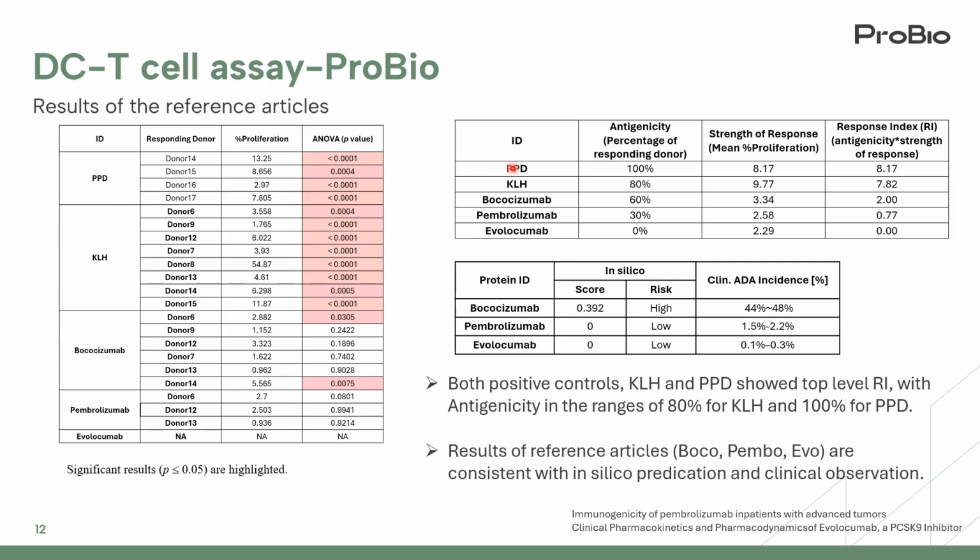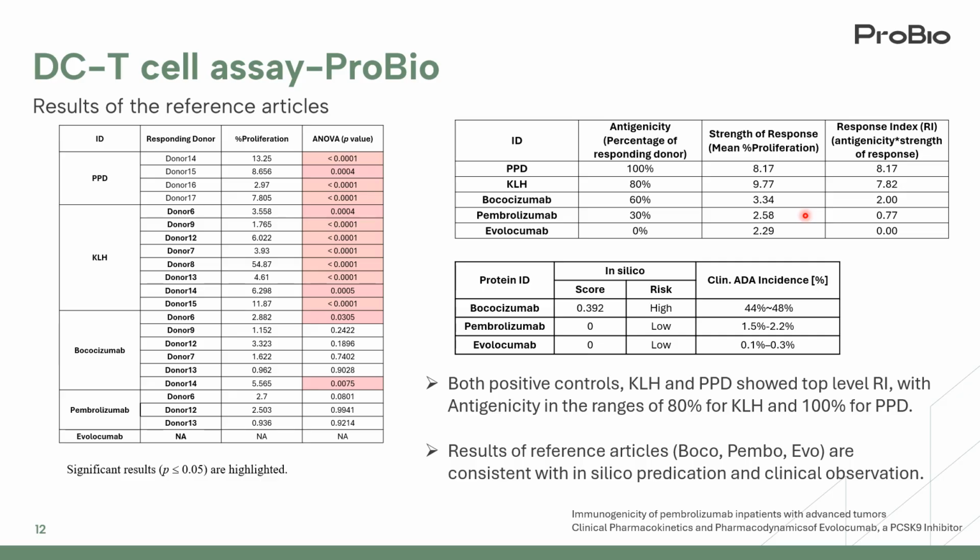Both PPD and KLH, which give 100% and 80% response rate in the PBMC, showed extremely high response intensities, while those three clinically validated therapeutic antibodies showed much lower response.